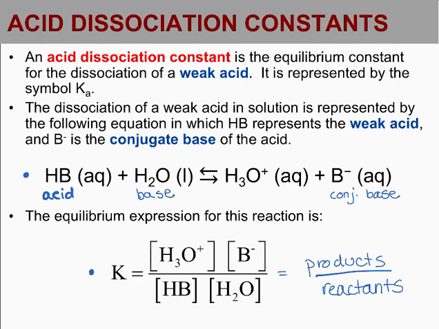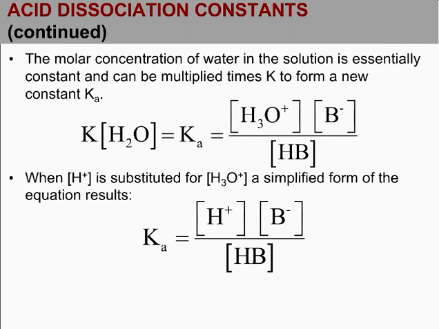Now, the other thing to remember is that water is a pure liquid. So its concentration doesn't change very much during a reaction. So we need to rearrange this equation. And we're going to put water on the left-hand side with K. Now K multiplied by the concentration of water gives us something called our acid dissociation constant, Ka.